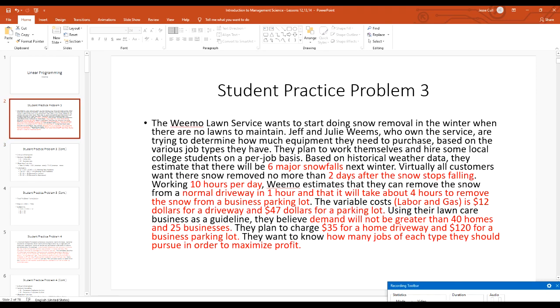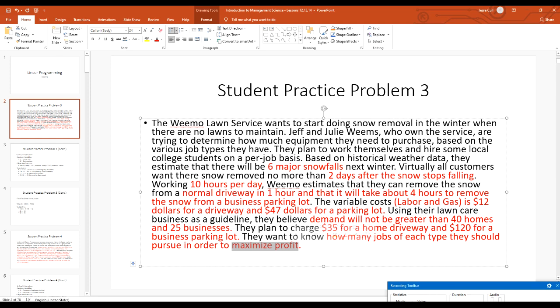The next step is highlighting the relationship that connects our ultimate goal with our decision variables. In this situation, our ultimate goal is maximizing profit. Usually, not always, but usually, we can find this information in the last sentence of our problem.